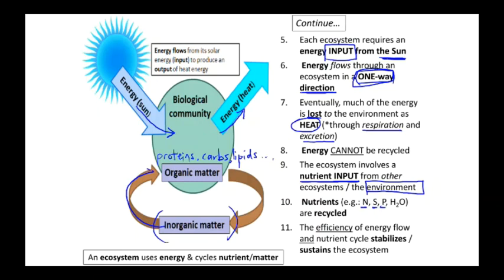The inorganic matter is taken by the living organisms to make the organic matter. And then when these organisms die, they will be decomposed and it will return the inorganic matter to the environment. So we say nutrients can be recycled, but energy cannot. Energy cannot be recycled. It's just one-way flow, simply because we do not create energy. The efficiency of the energy flow as well as the nutrient cycle can help to stabilize the ecosystem.